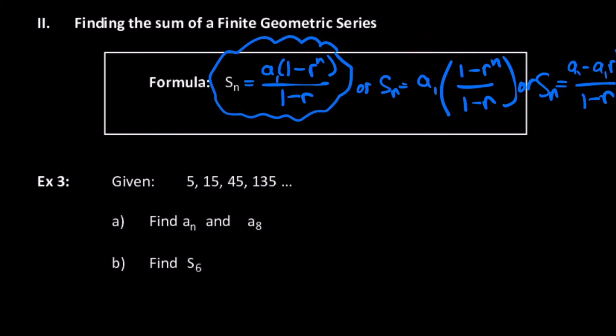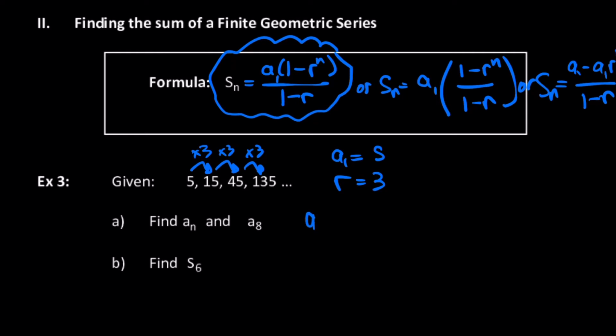All right, so let's put it into practice. Given 5, 15, 45, 135, dot dot dot. Find a sub n and a sub 8. Okay, so to find a sub n, I need a couple things. A sub 1, well, that's 5. I need a value for r. What are we doing each time? Well, we're multiplying by 3. So r is 3.